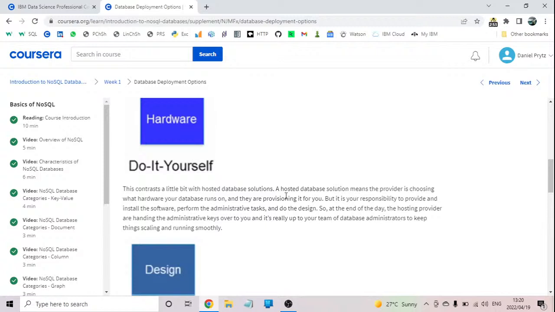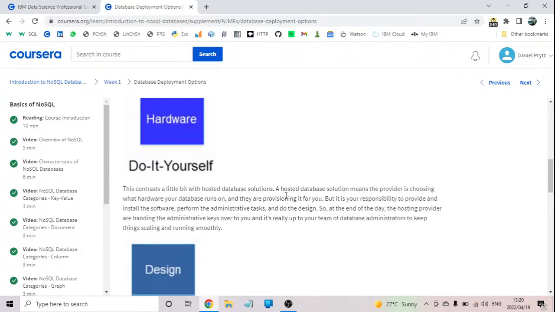In the traditional do-it-yourself scenario, we own the setup of the underlying hardware, operating system, installation and configuration, patching and support, and how the application data is designed. So basically you own everything. Hosted deployment is different: do it yourself is where you do everything.